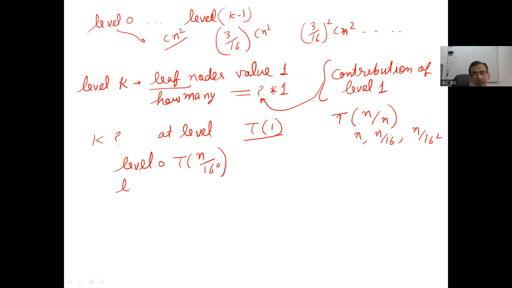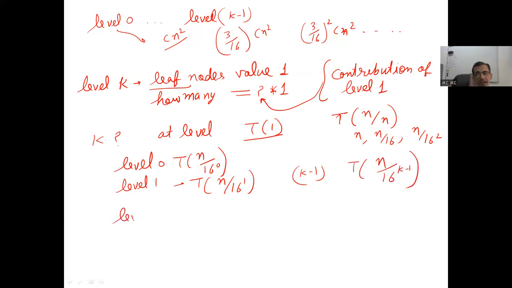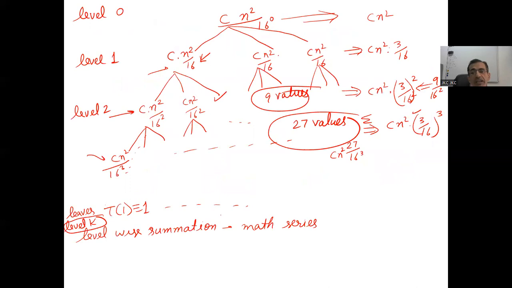Level 1, T of n by 16 raised to 1. Up to level k minus 1, it will be T of n divided by 16 raised to k minus 1. And at level k, it becomes T of n divided by 16 raised to k.